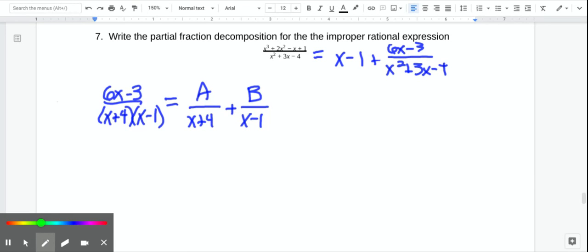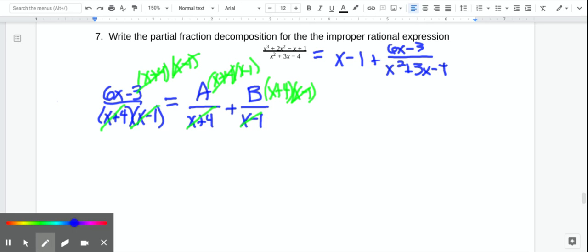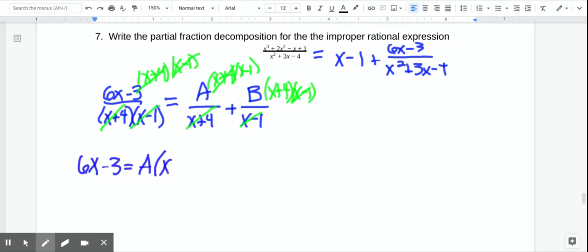So let's multiply to get rid of the fraction. We're going to multiply by x plus 4, x minus 1. All right, and that leaves us with 6x minus 3 equals A(x minus 1) plus B(x plus 4).